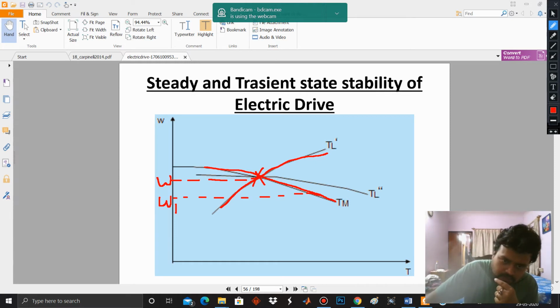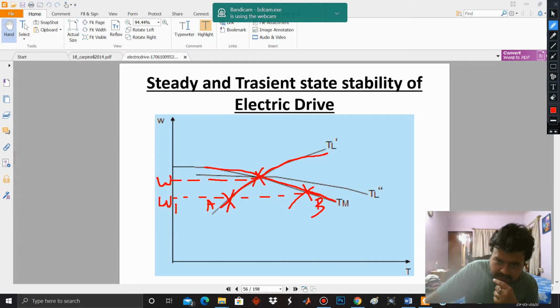What will be the point of intersection? Omega 1 intersects tau L dash at this particular point. Let that point be A, and the speed omega 1 intersects tau m at this particular point, say this is B.